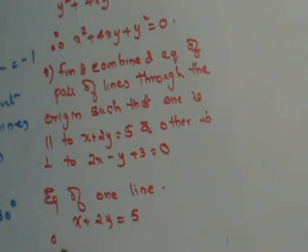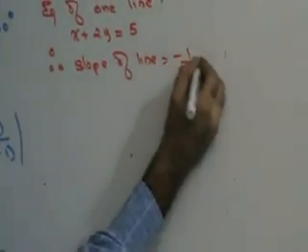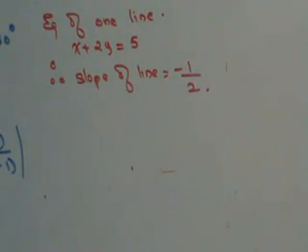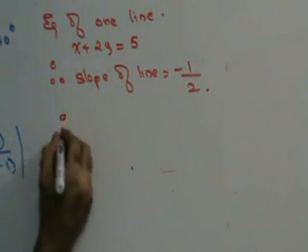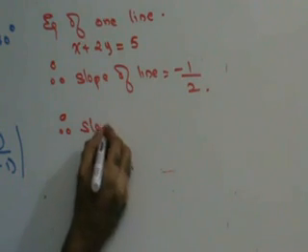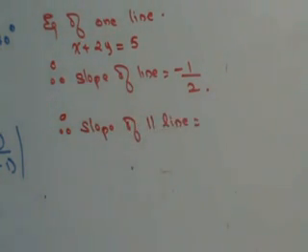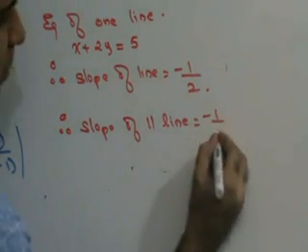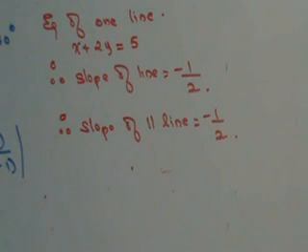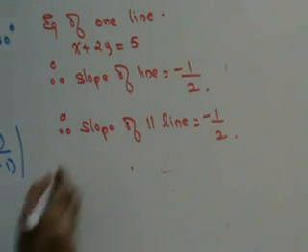Therefore, slope of this line is minus a upon b. Therefore, slope of parallel line, because one of the line is parallel to this, will also be minus 1 upon 2. If two lines are parallel to each other, their slopes are equal.